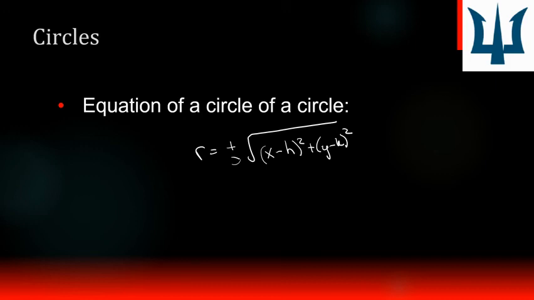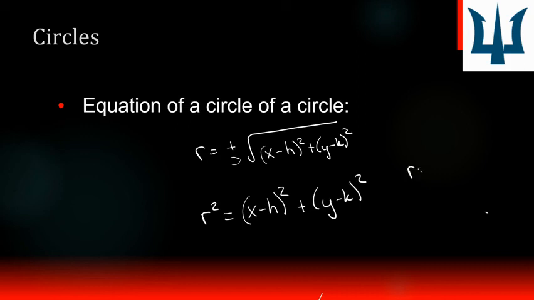So that's one way to write it, but the standard form, the way we normally prefer to write it, is a little bit different. It's going to be r squared equals x minus h squared plus y minus k squared.